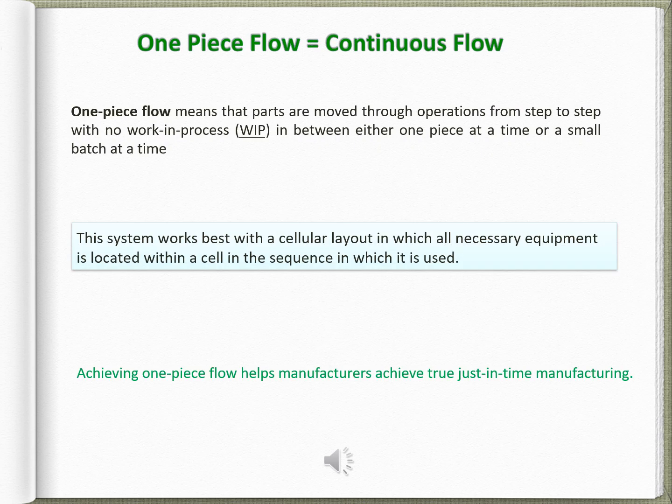One-piece flow means that parts are moved through operations from step to step with no work in process, WIP, in between, either one piece at a time or a small batch at a time. This system works best with a cellular layout in which all necessary equipment is located within a cell in the sequence in which it is used. Therefore, achieving one-piece flow helps manufacturers achieve true just-in-time manufacturing.